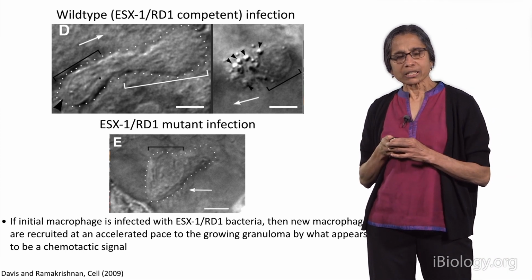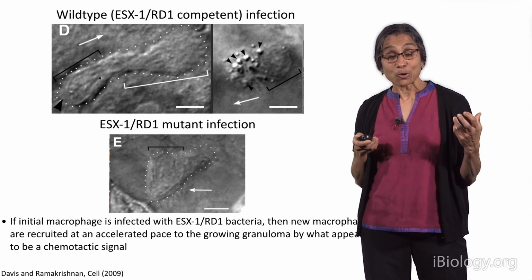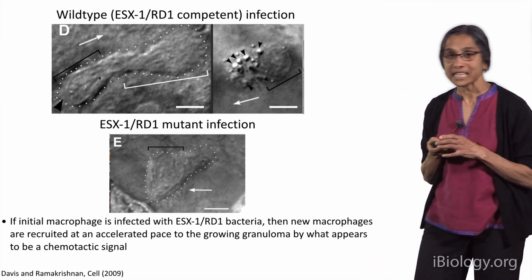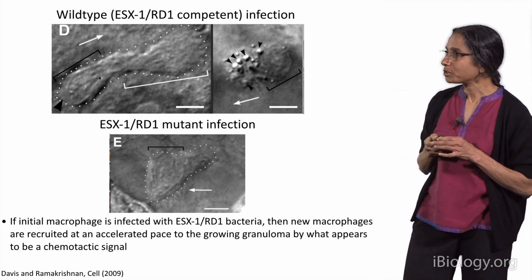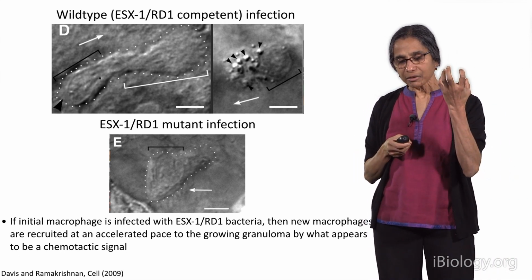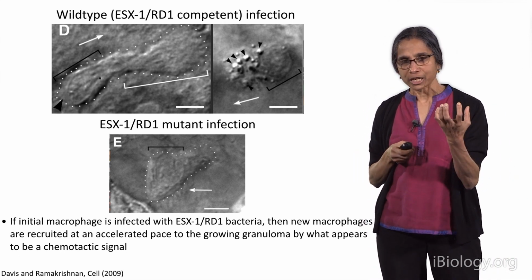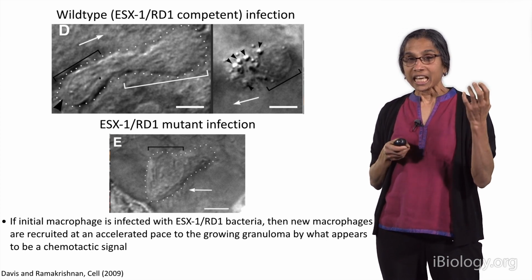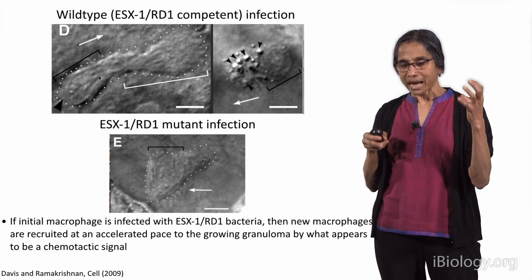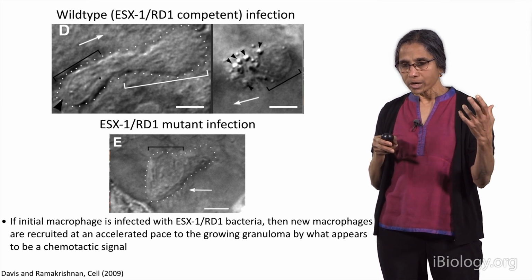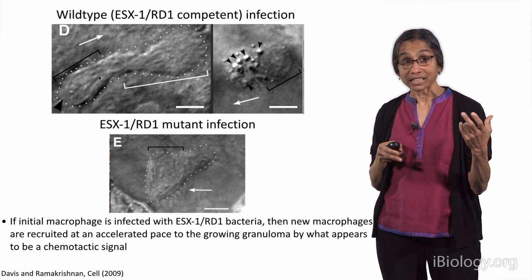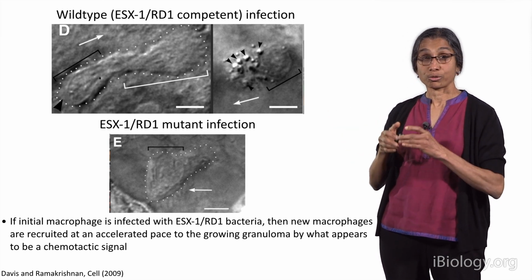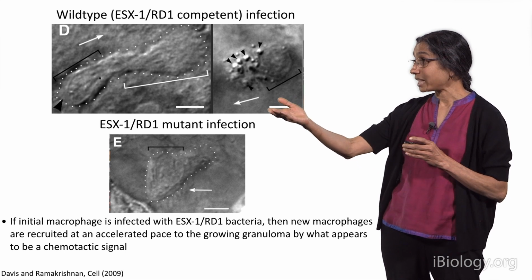And so it turned out that the bacterium is using this locus to spread from one macrophage to another. Now, how does this happen? What Muse found was that if the initial macrophage was infected with bacteria that contained this locus, then somehow that macrophage was able to exert a rapidly chemotactic effect on macrophages around it, or even far away, so that they came.